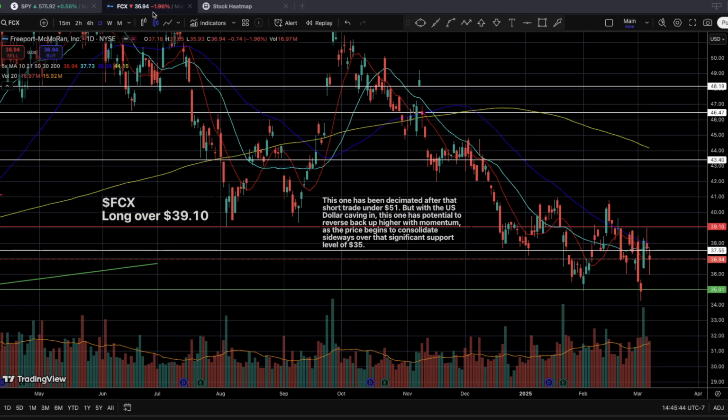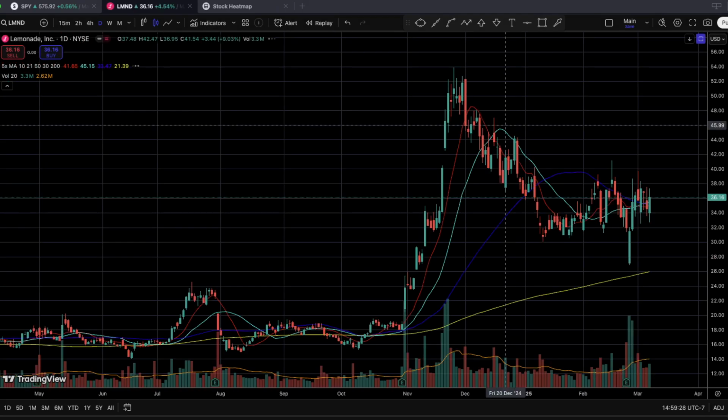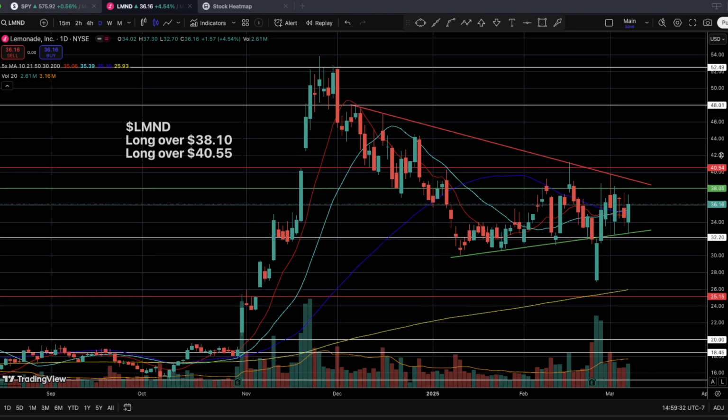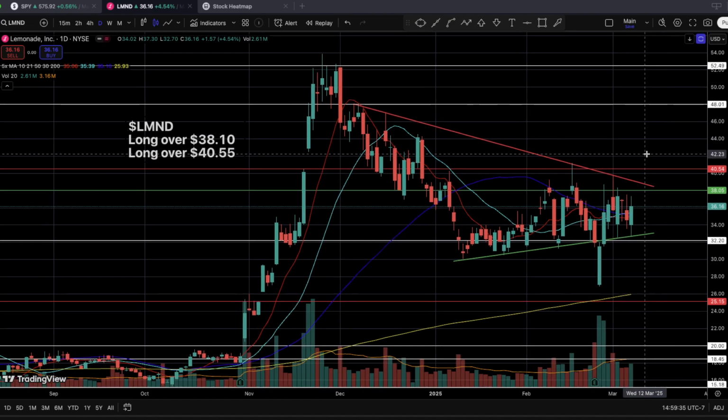Now, for the first and only swing trade idea for this week, okay, it's not FCX, but I gave you guys a small hint as to what our other names are in the report. But it is LMND. So this is our first and only swing trade idea for this week. So I give you guys a complete fundamental and even further technical breakdown on this name, along with the 3-point game plan with all the entries, all the price targets, and all the recommended stop losses in the actual report.